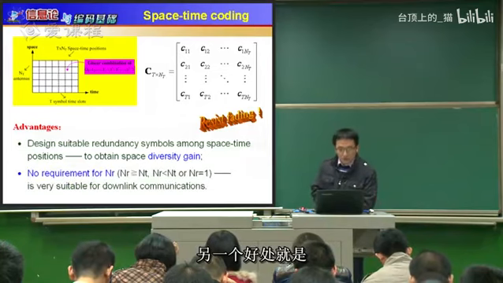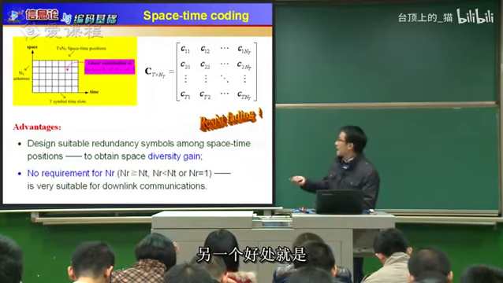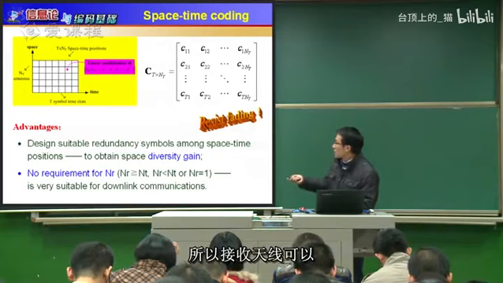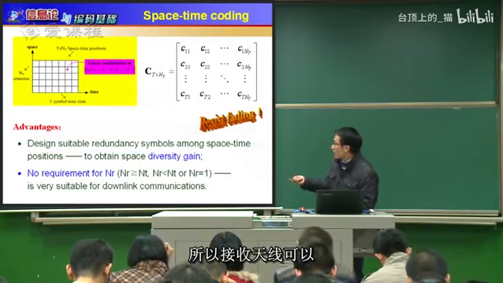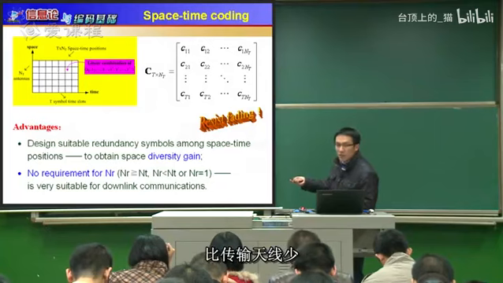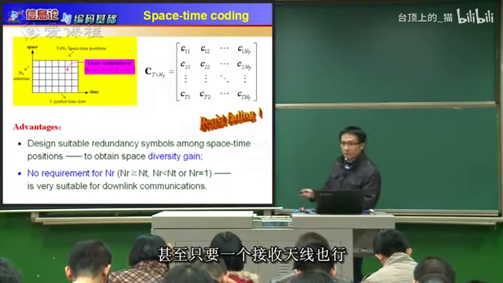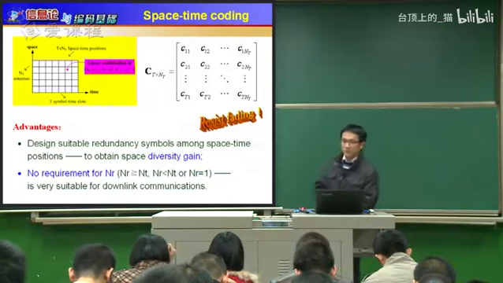And another advantage, there is no requirement for the number of receive antennas. So the number of receive antennas can be less than the number of transmitter antennas, and it can even be one.